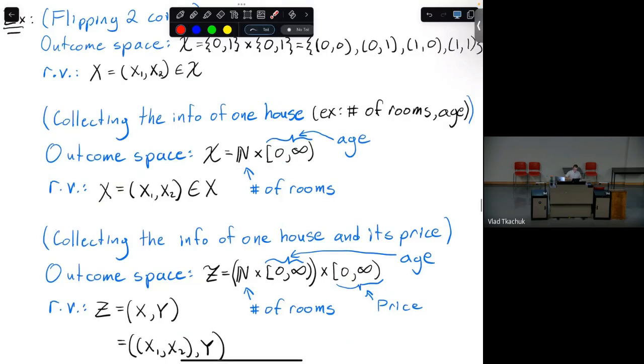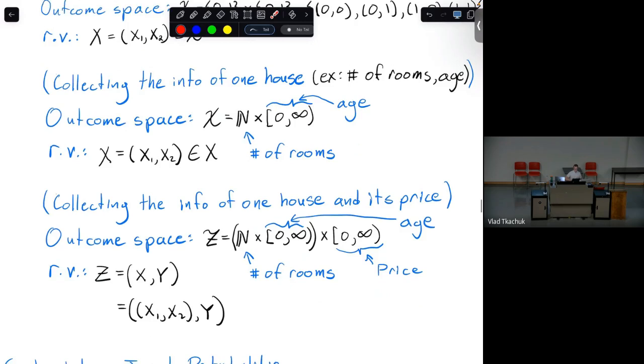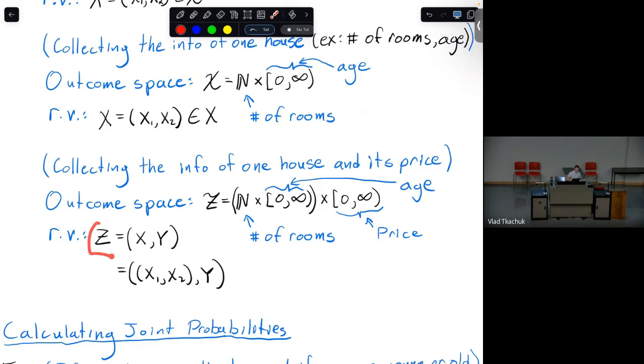Okay, so here's a slightly more complicated example of what this feature-label pair might look like. So imagine collecting the info of one house and its price now. So now let's look at the random variable. Your random variable might look like z, which would be this feature random variable that itself is going to be a multivariate random variable, and the price.